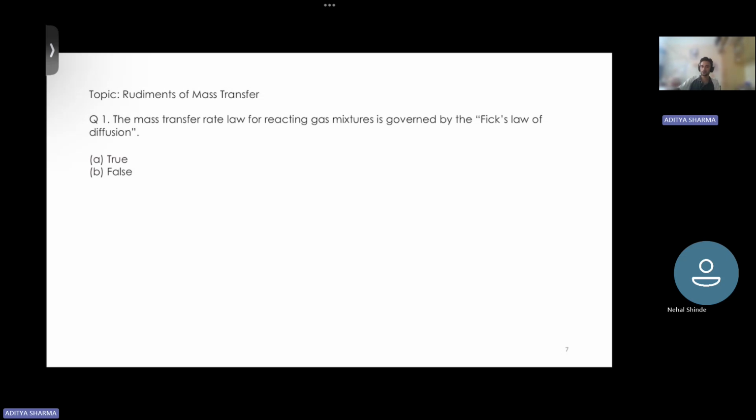In case it's reacting, the fixed law of diffusion won't be applicable. So because it says for reacting gas mixtures, this becomes a false statement.